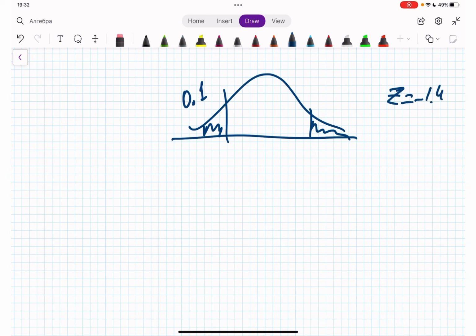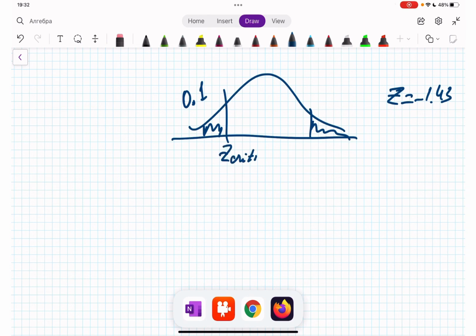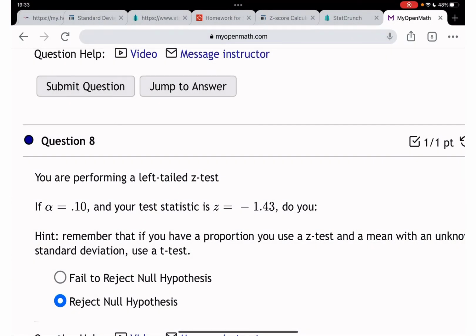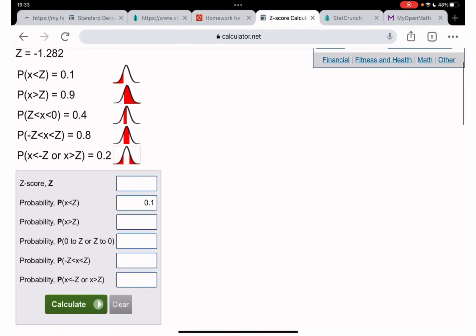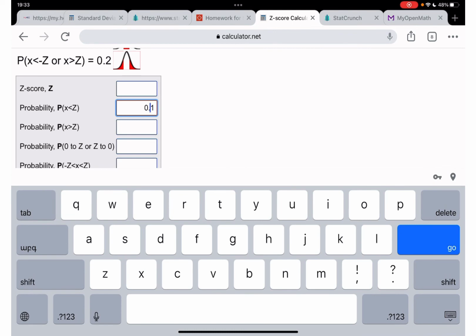And test statistic Z is negative 1.43. Well, let's find Z critical. Okay, so we are going to our calculator. Alpha 0.1, we have it already here.